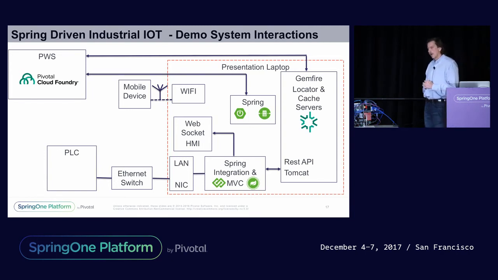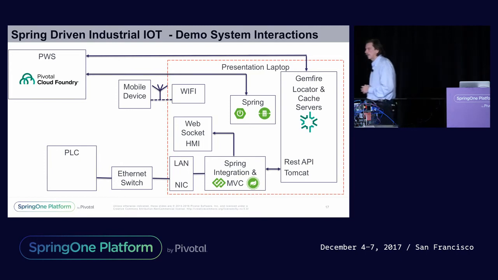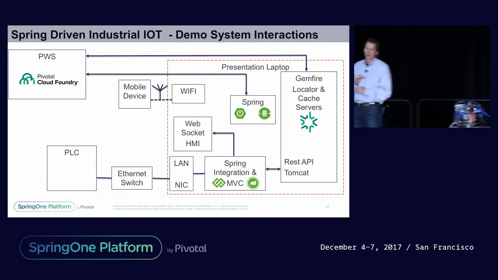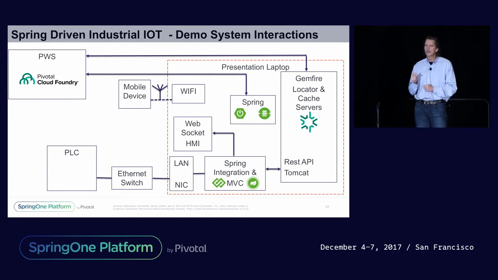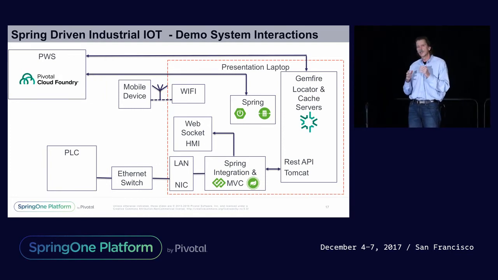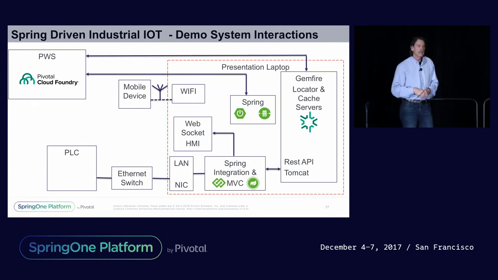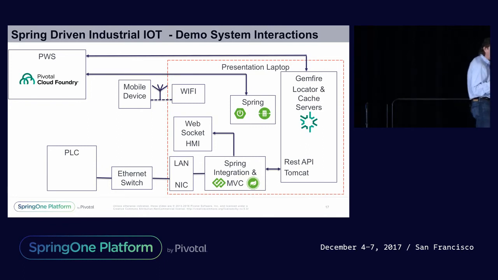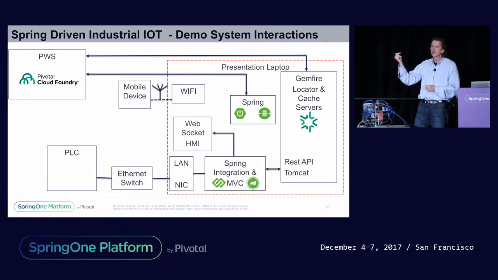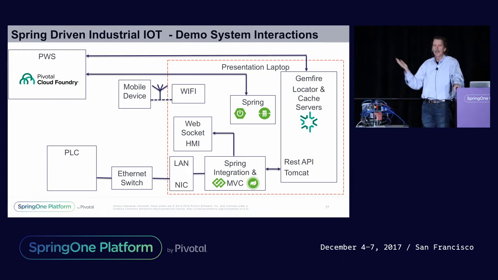Now, I mentioned earlier that GemFire gives us a level of security here. First of all, GemFire has its own built-in security. So through the GemFire Security Manager, we can authorize and authenticate anyone connecting through the RESTful interface. Along with that, we can authenticate the IoT Bridge if we need to.